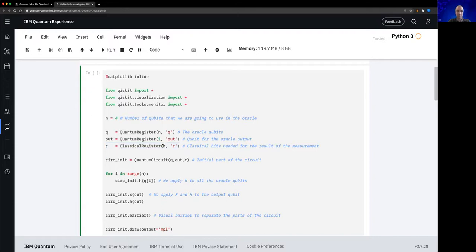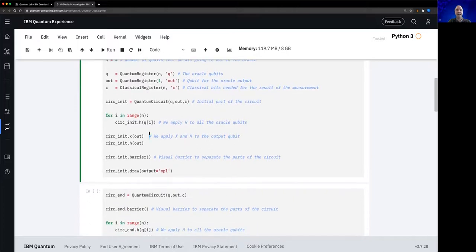Notice that we only need as many classical bits as the number of variables in the input of the oracle, because we are not measuring the output. The output is only used to introduce this phase in the algorithm. And from those registers I create a quantum circuit.